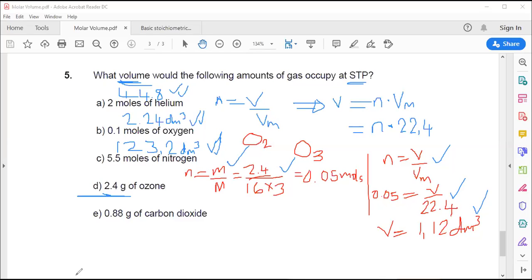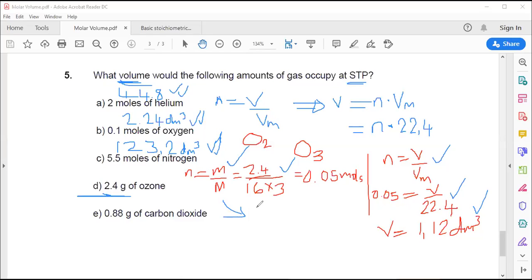All right, next one. The last one, you do the same thing exactly. Just the difference is going to be your molar mass is going to be different. So here you're going to still use number of moles, mass over molar mass. You're still using the same formula.